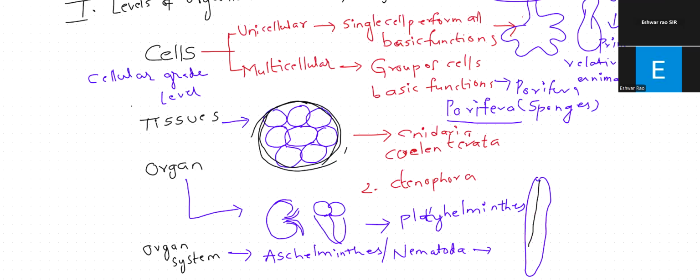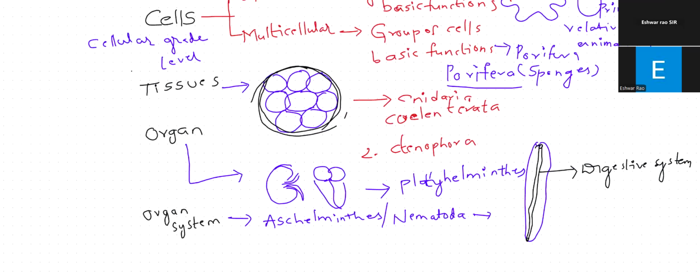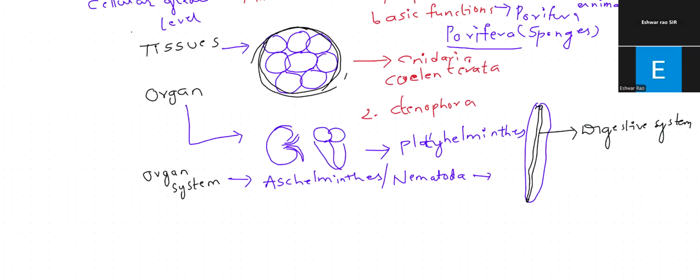Here one system is present. What system? Digestive system. Like that, different types of systems are present. So organ system level of organization is seen for the first time in Aschelminthes or Nematoda, and it extends up to phylum Chordata.